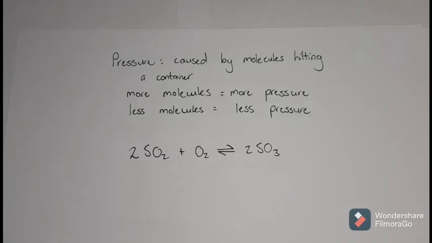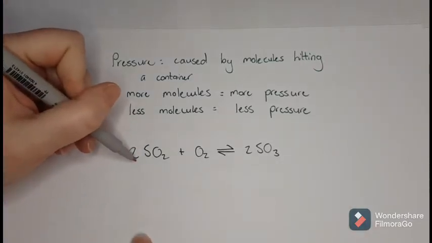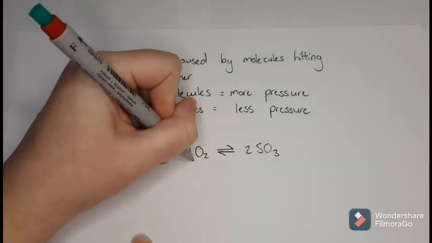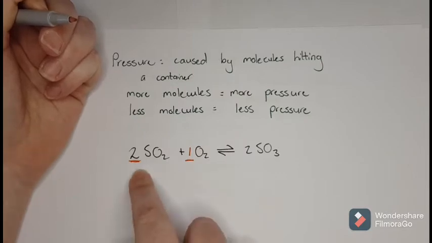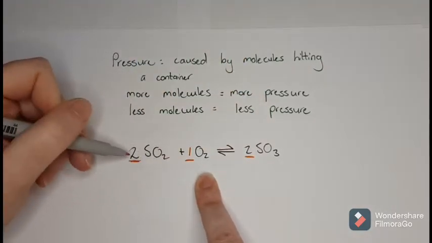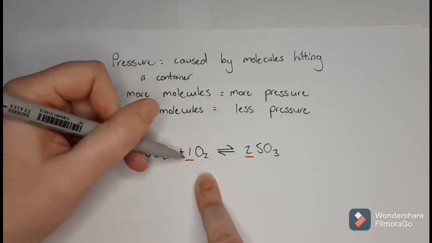So now pressure, if I change it, will depend on how many molecules I have on each side of the equation. So if I look at this, the number of moles that you use to balance with, that refers to now my number of molecules that I have. So on this side, I have 2 and 1.